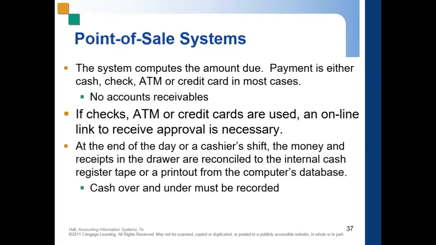Now, if checks, ATMs, or credit cards are used, an online link to receive approval is necessary. If you have noticed, when you use a card to buy groceries, they swipe it on another device. That device is linked to approval.